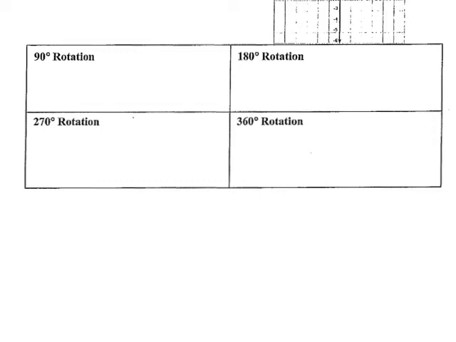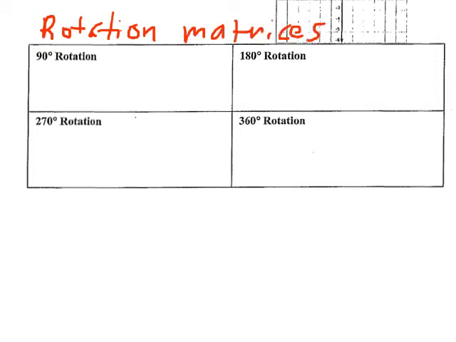So let me give you the matrices. These are the rotation matrices for each rotation. For a 90-degree rotation, our matrix is 0, -1, 1, 0.